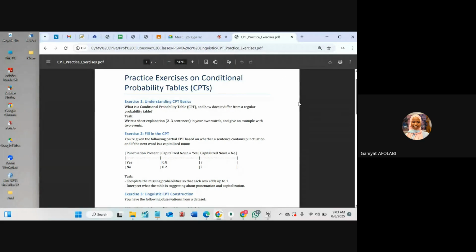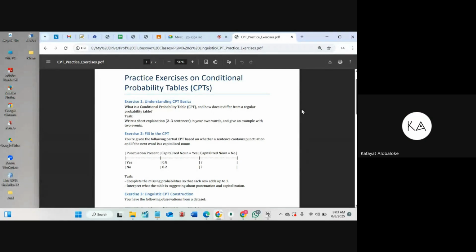So it has no dependence on whether an event has happened or not. So for example, for conditional probability, we can say given that there is a cloud, it's going to rain. But for regular probability, you can say that okay, it's going to rain or it's not going to rain.